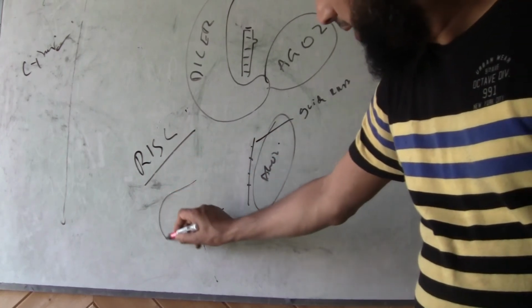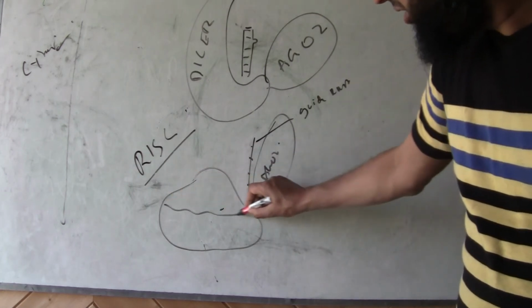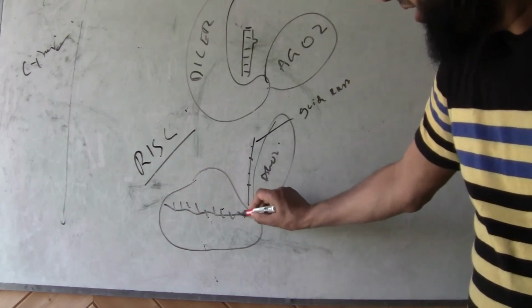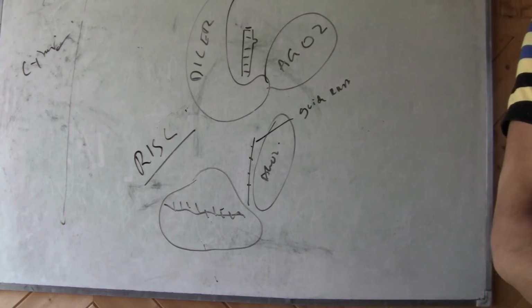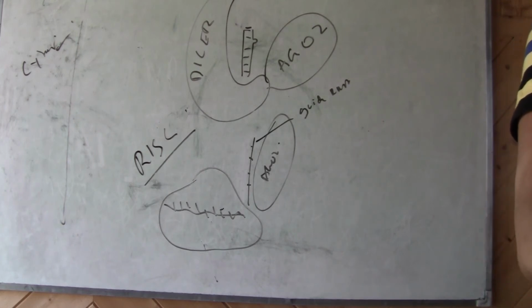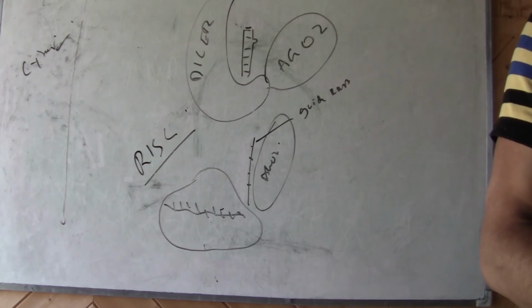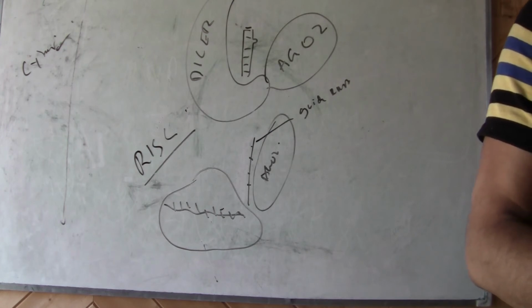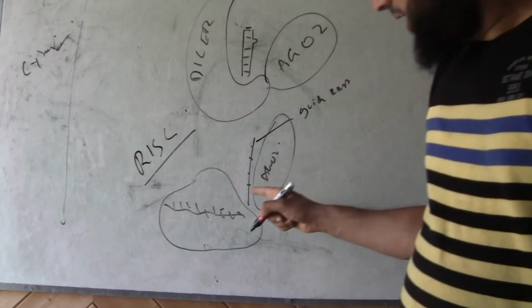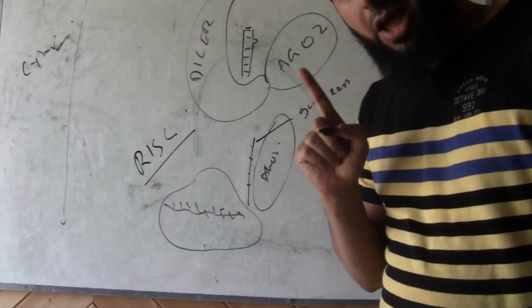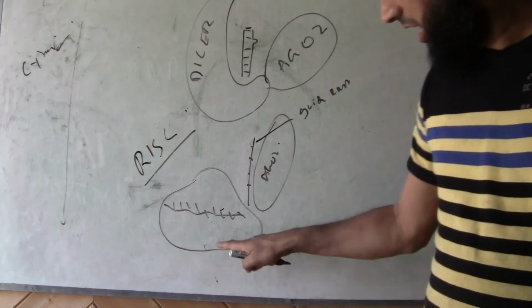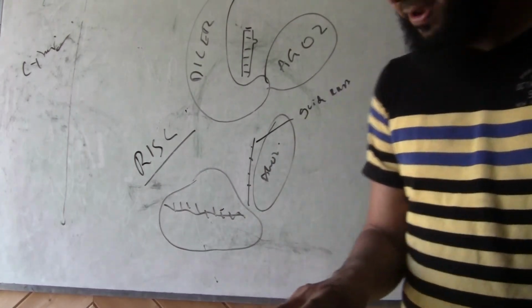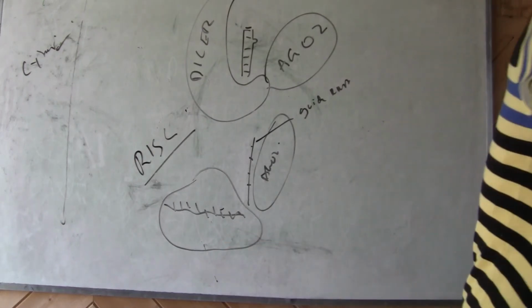This is the main complex to which your single-stranded RNA or guide RNA is attached. And there is now a bifurcation of this pathway. This can lead to two things. Number one, what will happen?